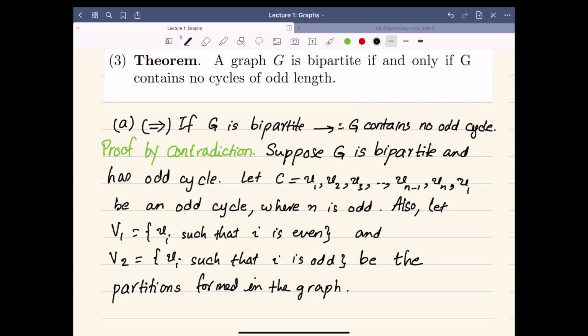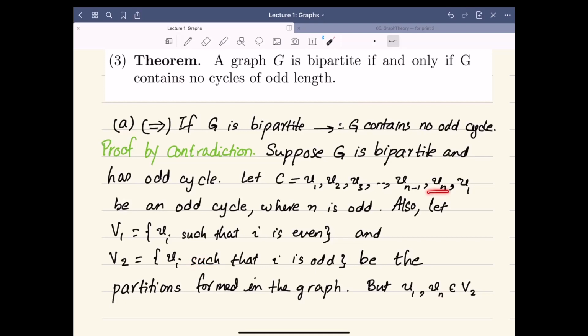But here we will have a contradiction. Notice that v1 and also vn both belong to V2. Why? v1 belongs to V2 because 1 is odd, and also n is odd, so vn belongs to V2.